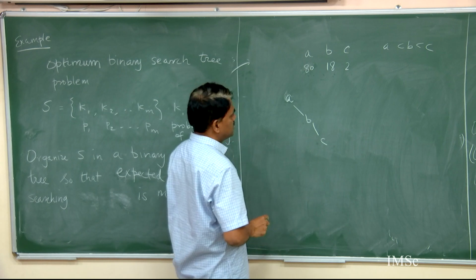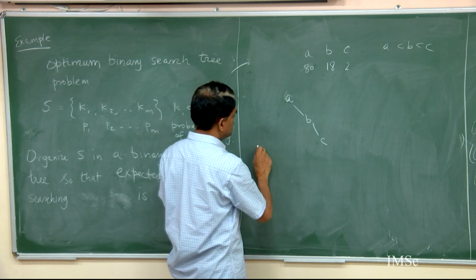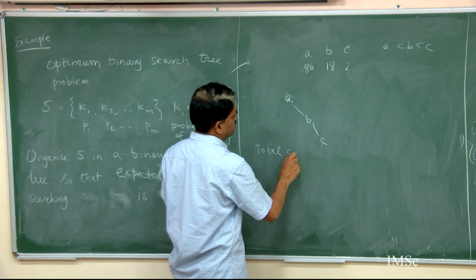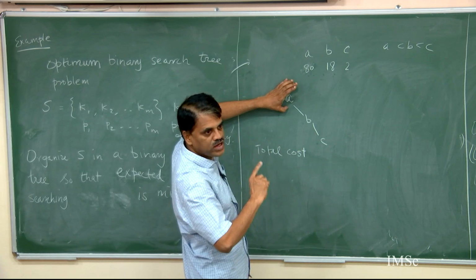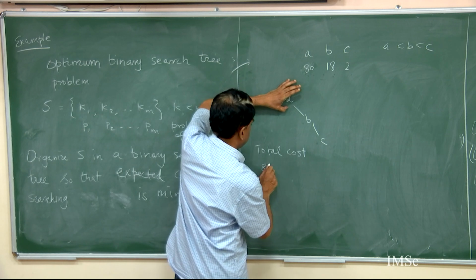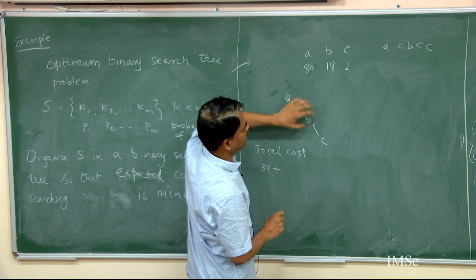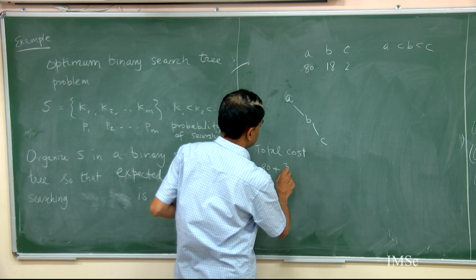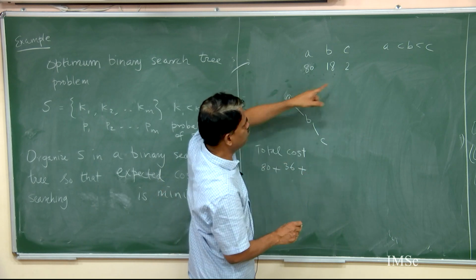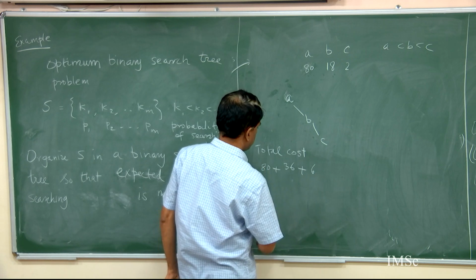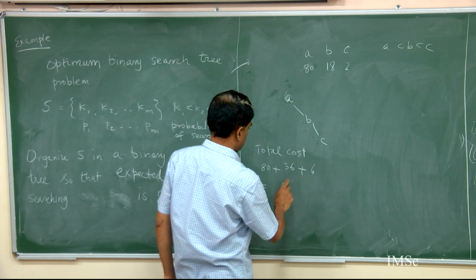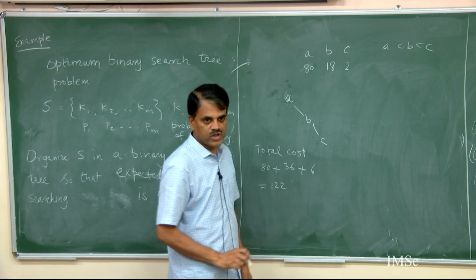So, the total cost on this search tree would be, for 80 searches I am spending only one cost, for 18 I am spending 2, so that is 36, and for 2 of them I am spending 3. So, that is my cost. That is 122, whatever the units are.